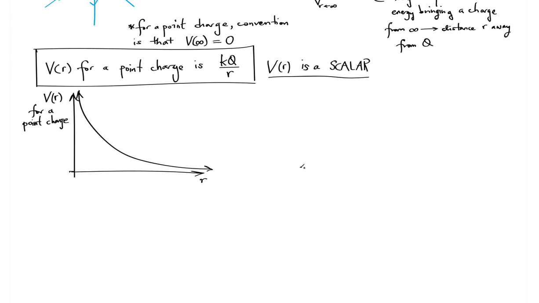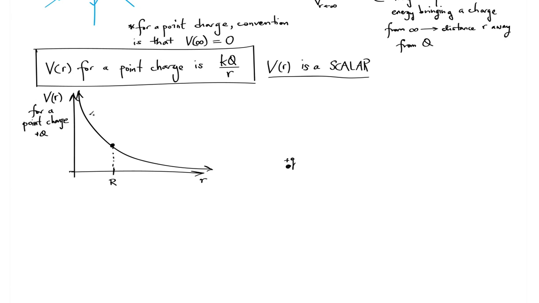So, let's imagine that I'm somewhere way, way out, so I start with my positive charge q way out here. So this is basically, more or less, at infinity. And if I want to bring it in closer to that positive plus Q point charge, so let's say I want to bring it into some radius, big R away, you can think of it basically like having to roll it uphill, right?